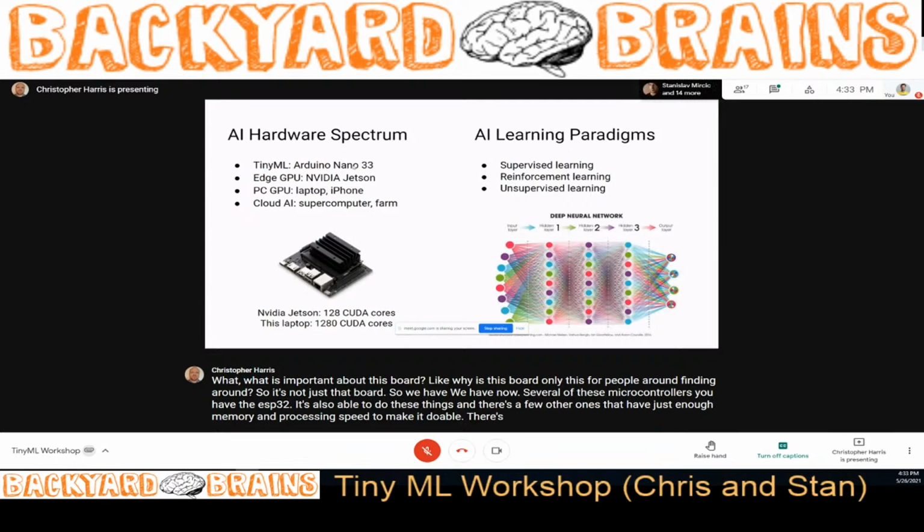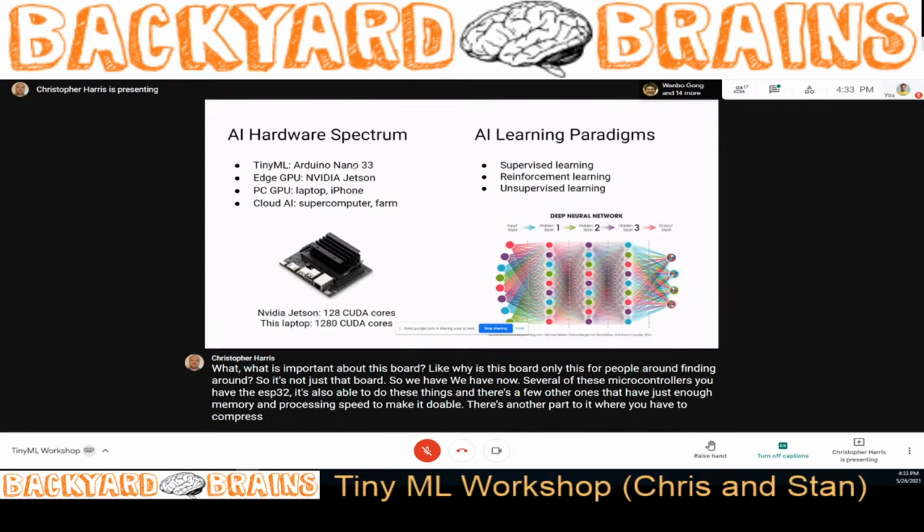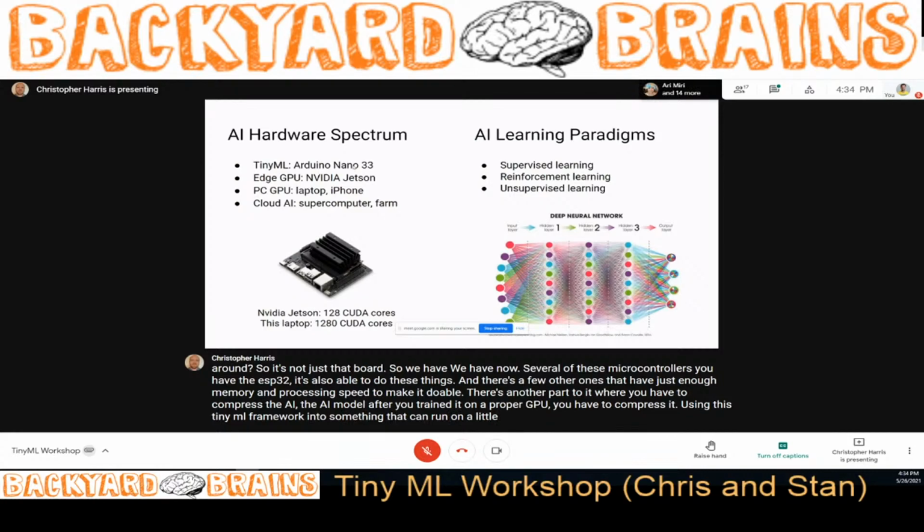There's another part to it, where you have to compress the AI model after you've trained it on a proper GPU. You have to compress it using the TinyML framework into something that can run on a little controller like that. So the innovation of TinyML is it can run on one core, but act like it has many neurons. Yes, yeah.